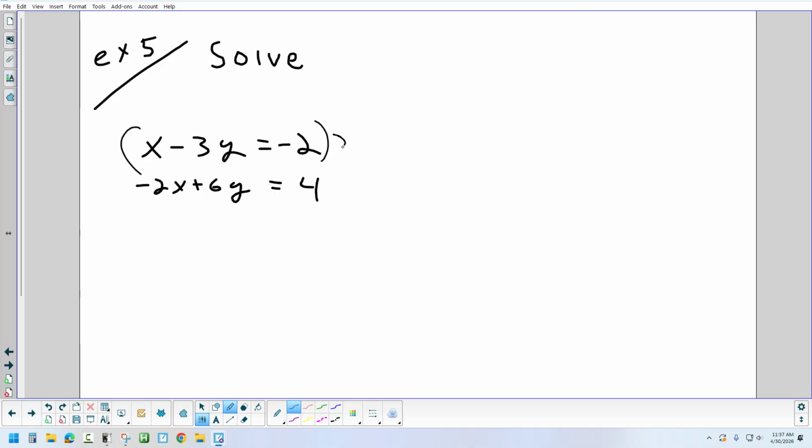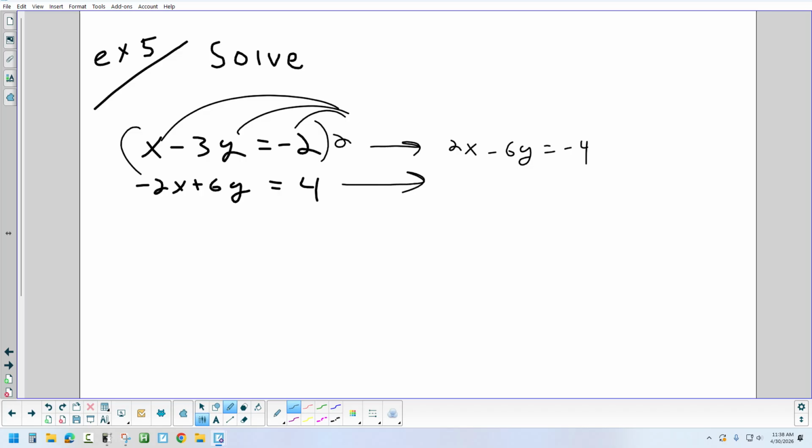Okay, let's multiply the top by 2. Distribute it. It's going to give you 2x minus 6y equals negative 4. And the bottom one, I don't think we need anything. Just keep it the same. Negative 2x plus 6y equals 4.